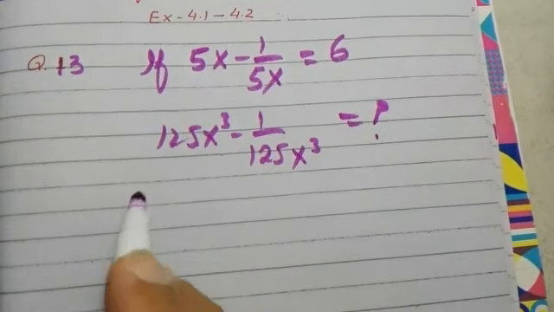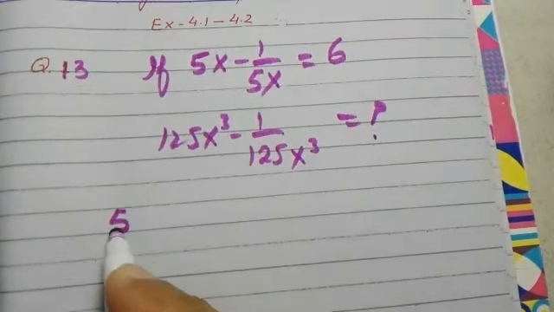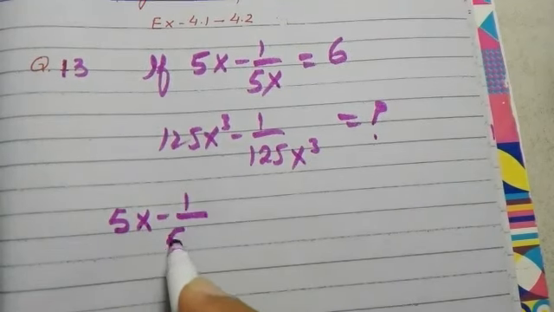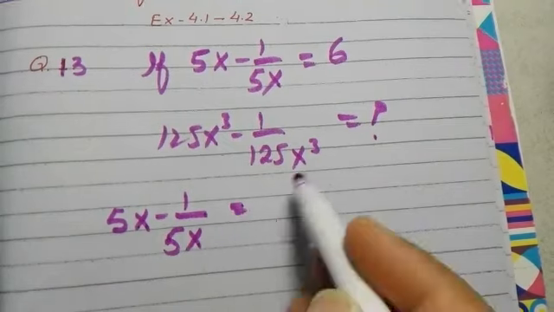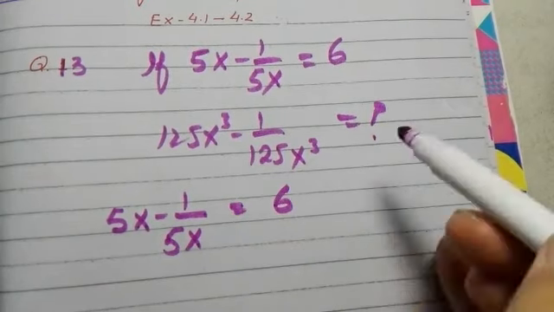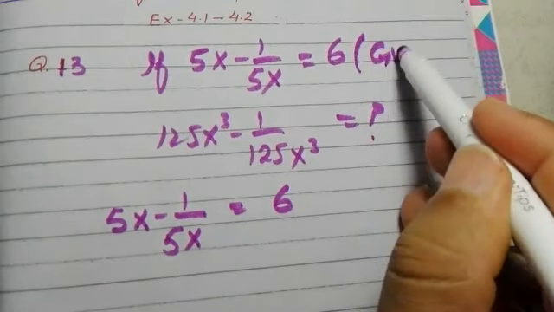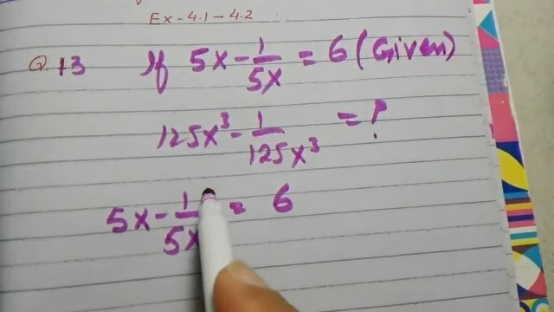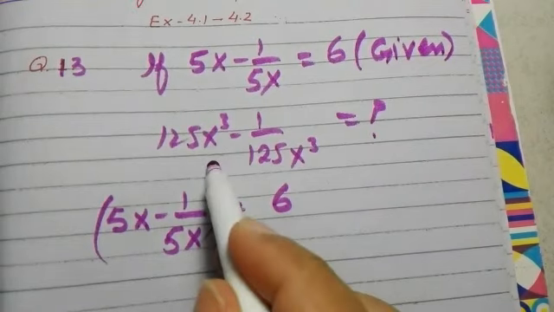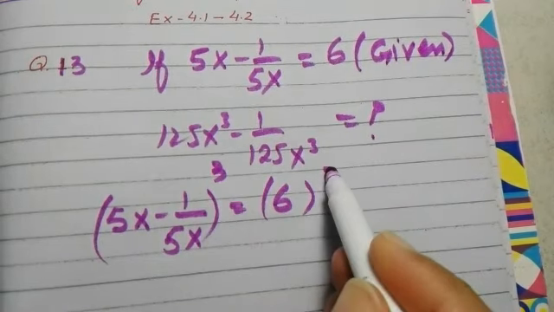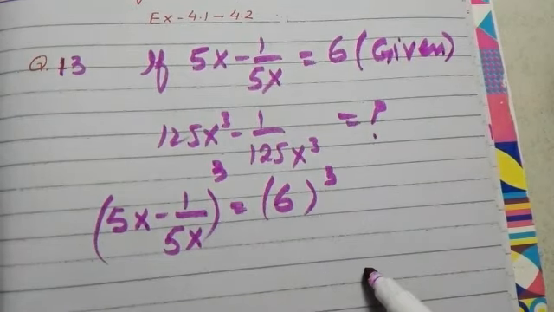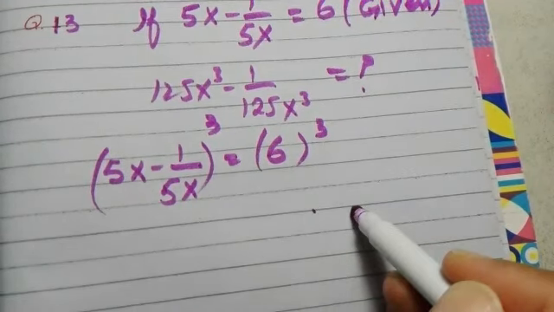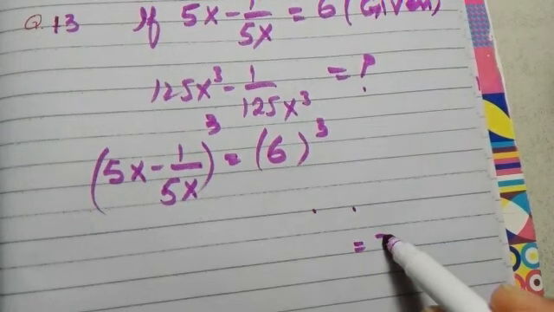So what will you do? Again, you will take the given value. This was given. So you will take the cube on both sides. It will become 216.